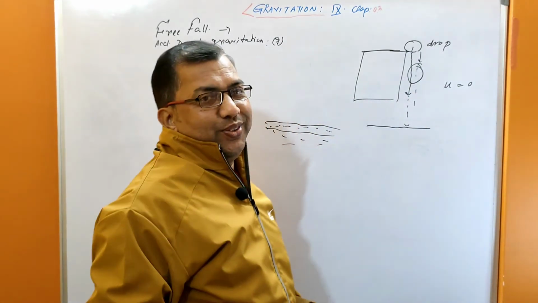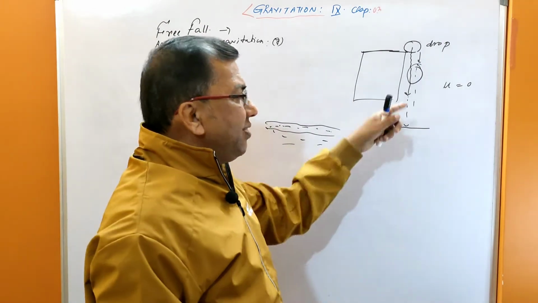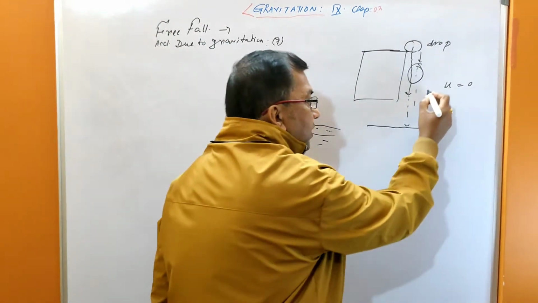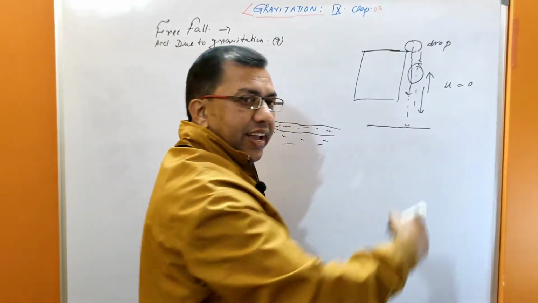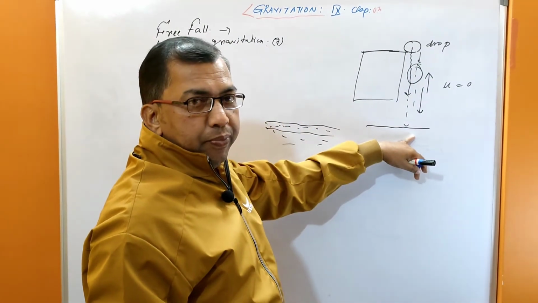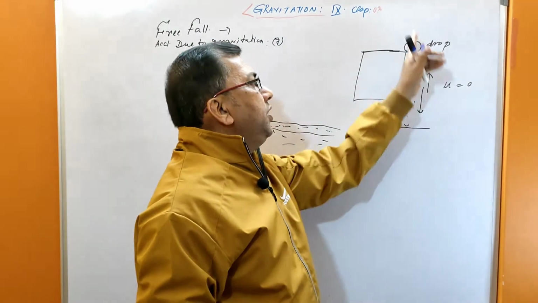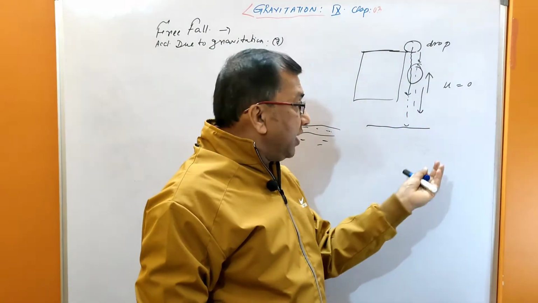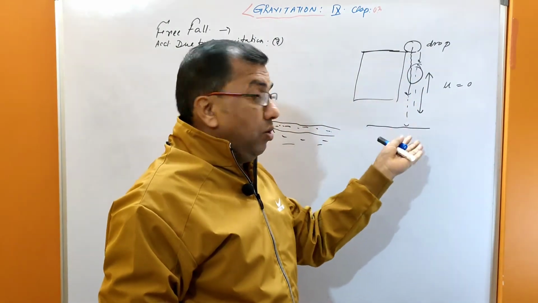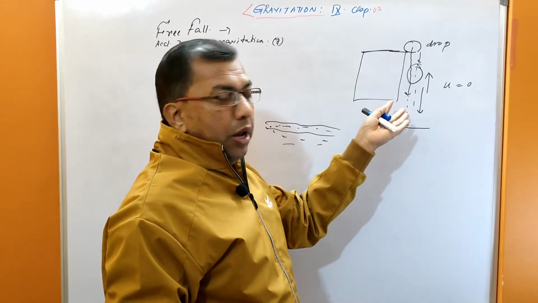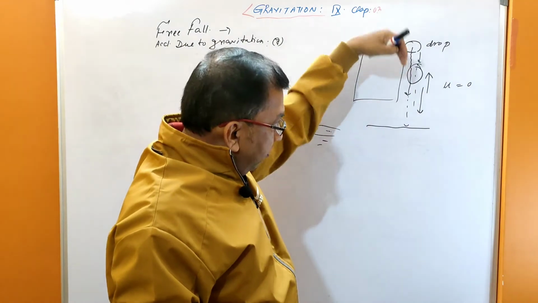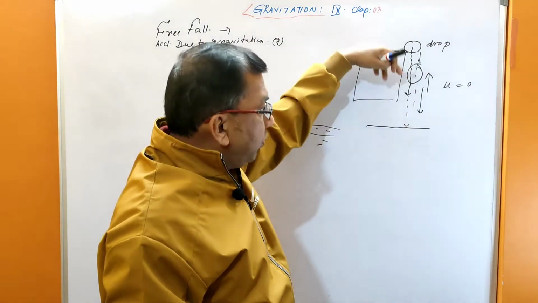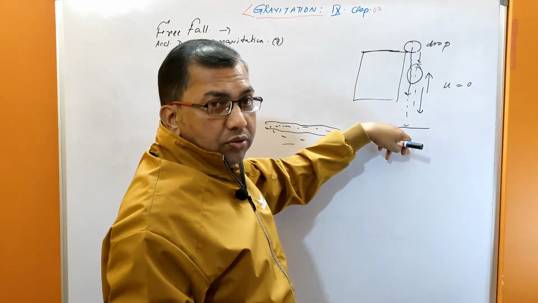And that frictional force acts in which direction? It is the opposite direction. The force of gravity acts towards the earth, and air resistance, that is the frictional force, resists the velocity of the object which is coming down.